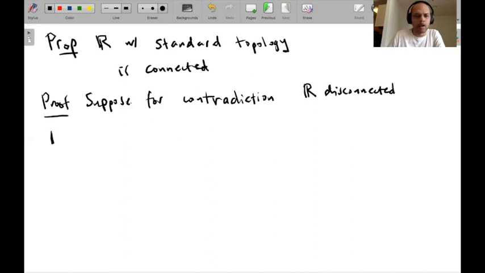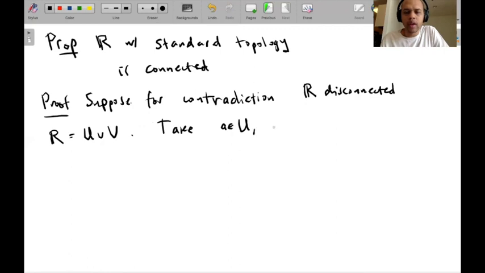So we can write R as U union V for non-empty disjoint open sets U and V. So U and V are non-empty, so we can take a in U and b in V.